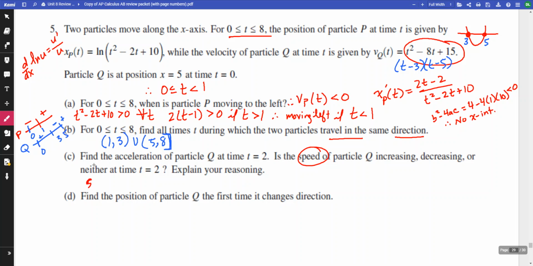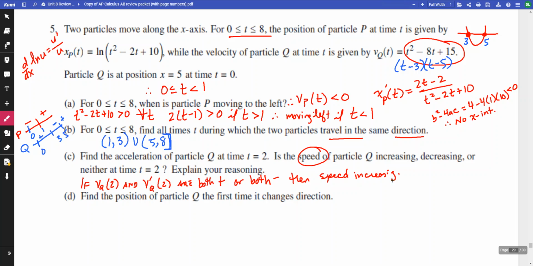So we know that if velocity vq of 2 and v prime q of 2 are both positive, just use a plus sign is fine, both positive, or make it neater, both negative, then we know speed is increasing.